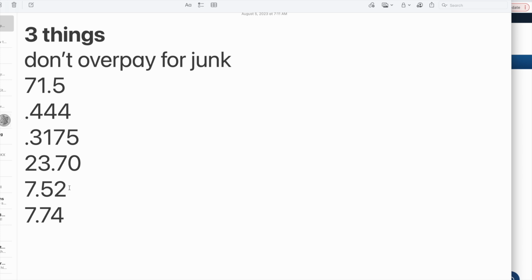Okay, so melt is 7.52. They're selling it for a little over melt, but as you saw, they're paying 40% less if you go to sell it. So 40% in the retail market is clearly going to be a poor buy unless you can get it for 30 to 40% under spot.